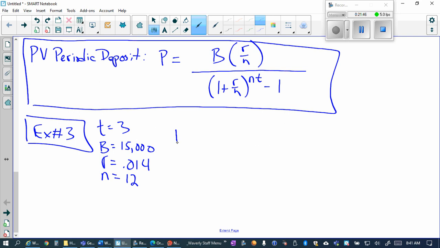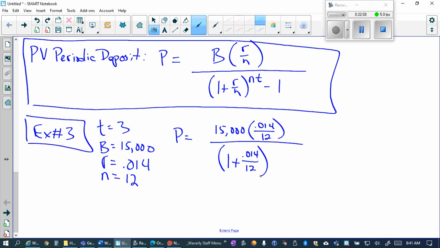His payment each month is going to be the 15,000 times 0.014 over 12, divided by 1 plus 0.014 over 12, to the 12 times 3, the NT, minus 1.